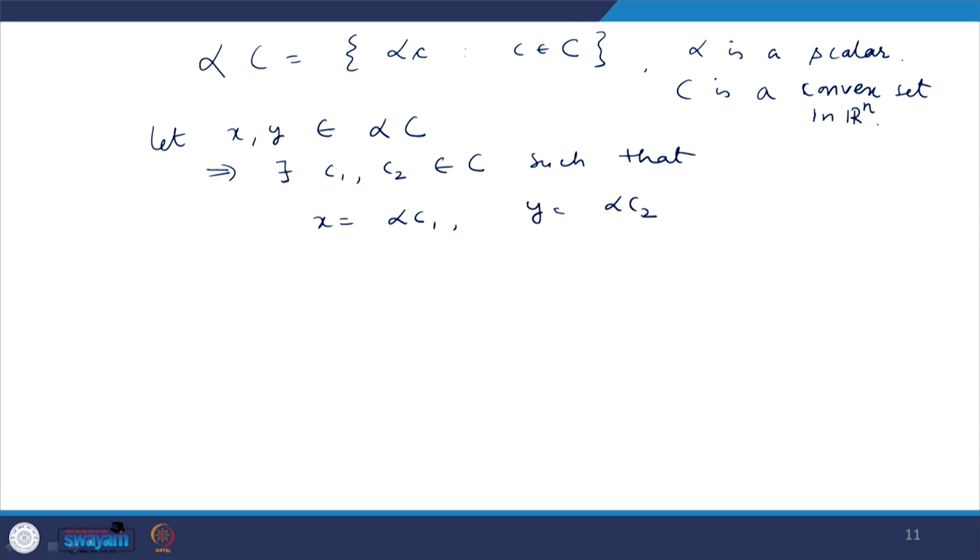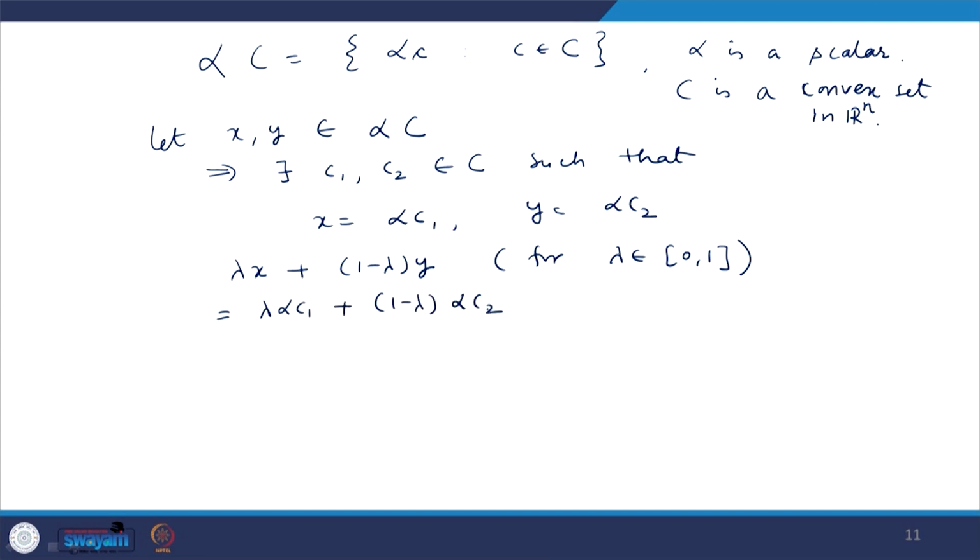Okay. Now, you take the convex linear combination of these two points, lambda x plus 1 minus lambda y, for lambda between 0 and 1. So, this will be nothing but lambda times alpha c1 plus 1 minus lambda times alpha c2. So, you take alpha common. So, it is alpha times lambda c1 plus 1 minus lambda c2. Now, this point will be in C because C is a convex set, because c1, c2 are in C and lambda is between 0 and 1.